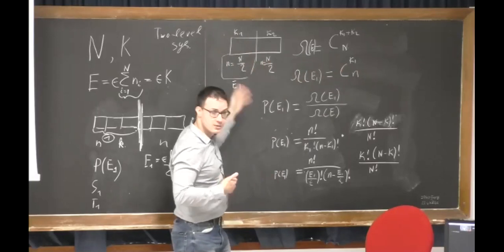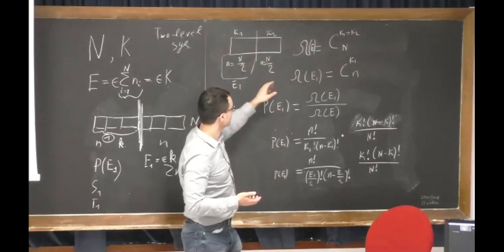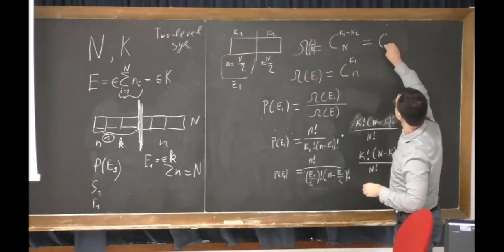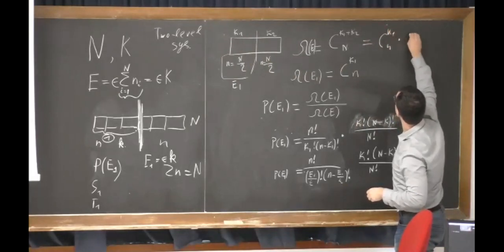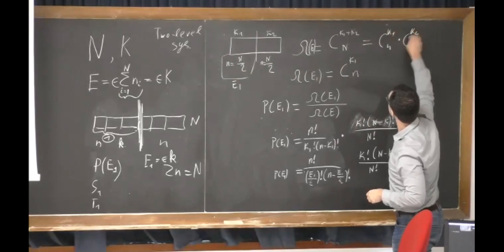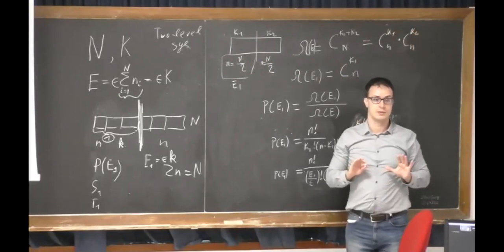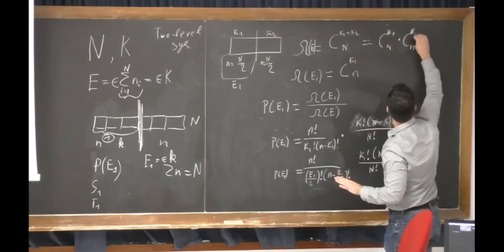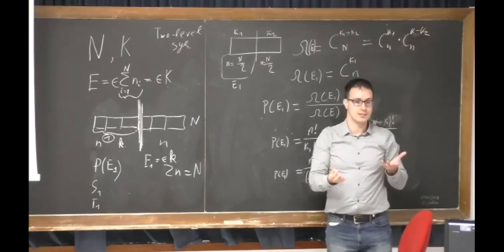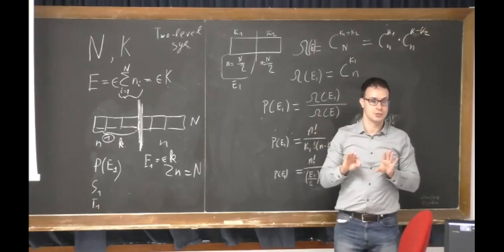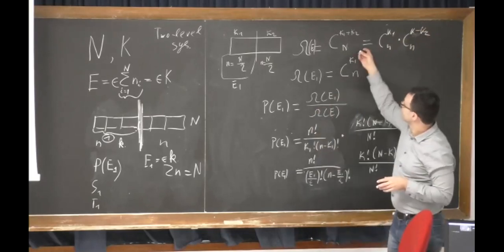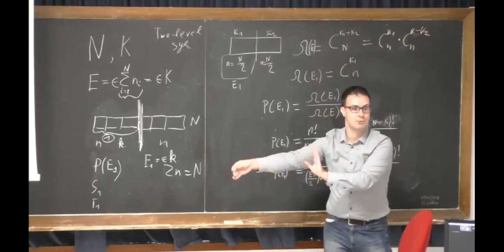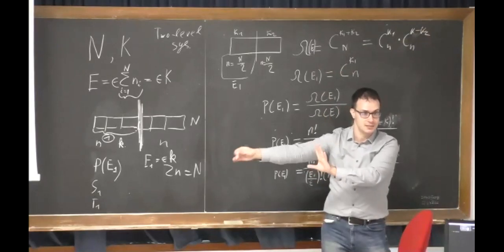The total number of realizations in the whole microcanonical system is still this number, and it will also be Cn of K1 times Cn of K2. It's still the number of ways you can choose K minus K2. We did this when we derived the zeroth law. The total number of states is the number of states the first system can take times the number of states that the second system can take in the meantime.